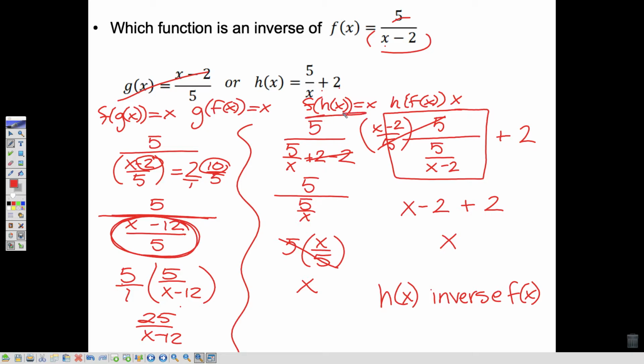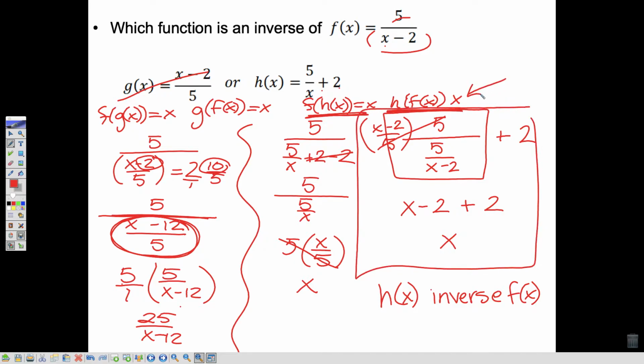The first time we did h of f of h, and then we need to do h of f. This right here is the h of f. Yeah, you have to do both. Did we do that for the first one? No, because the first one didn't come out to be x, so there was no reason to keep going.